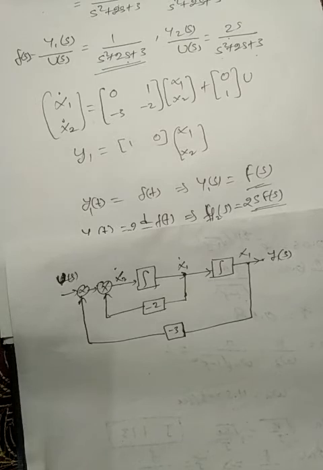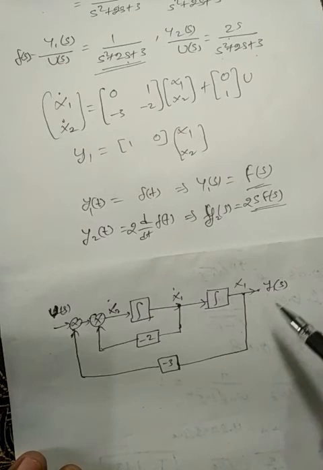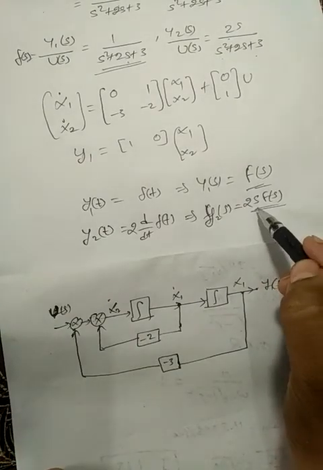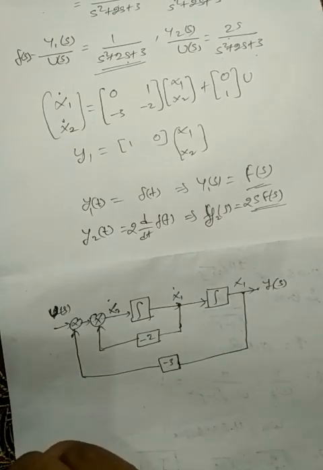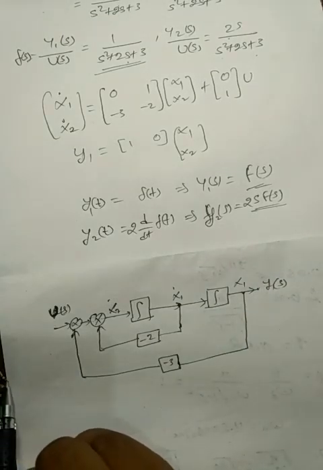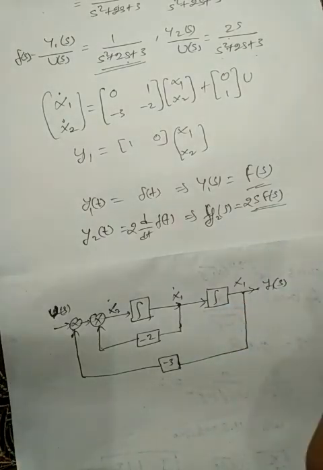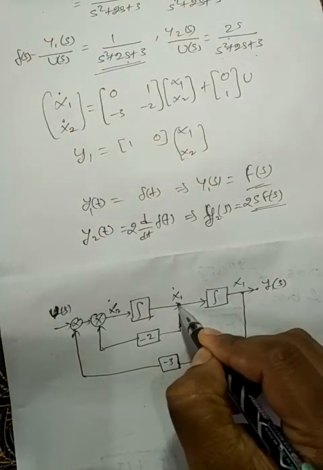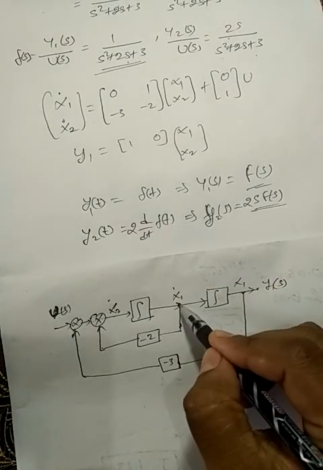And if we add a block diagram for y2 also in this, what we will do here is the multiplication of 2s. Okay, here we have 2sF(s), and if here is 1, then we will find here s.